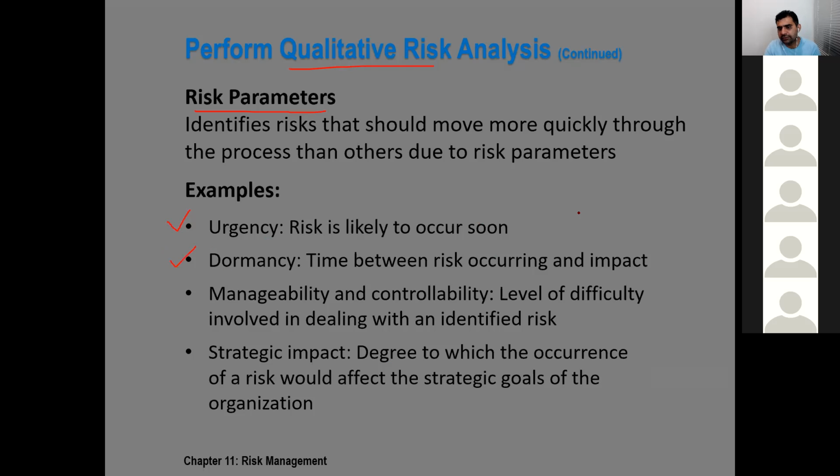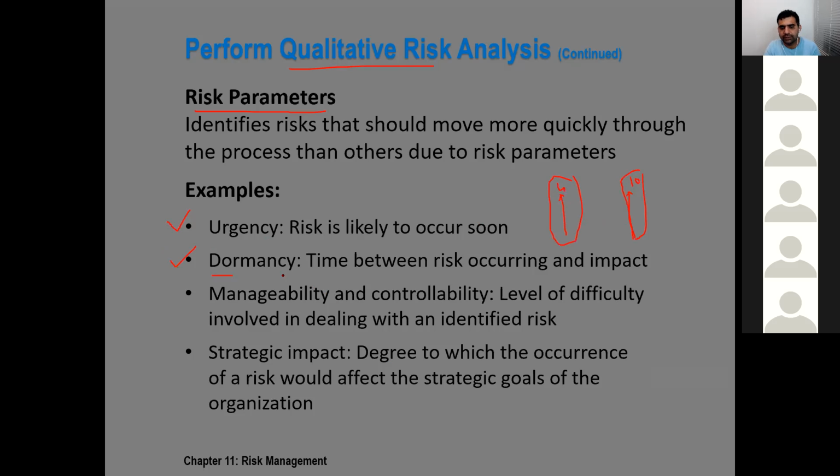Dormancy: a risk occurs on day 4, but its impact is realized on day 10. Just think, we pour the concrete on day 4, but we cannot determine its quality or strength until it becomes dry or until we install something on top of it. And that could be on day 10.